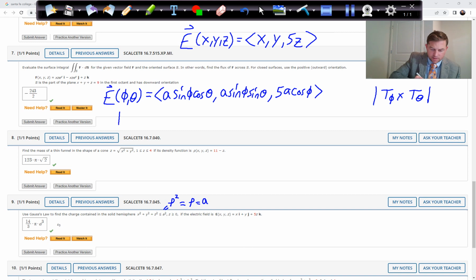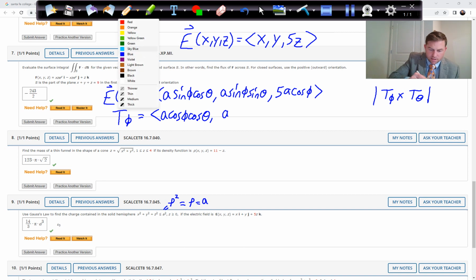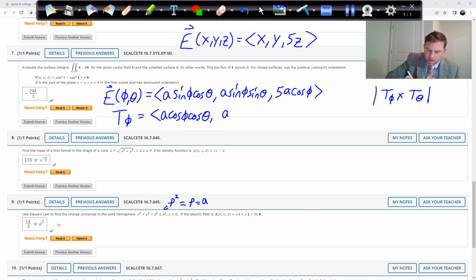So t phi, the partial derivative of E with respect to phi, would be A cosine phi cosine theta, A cosine phi sine theta, and this one gives us minus 5A sine phi.